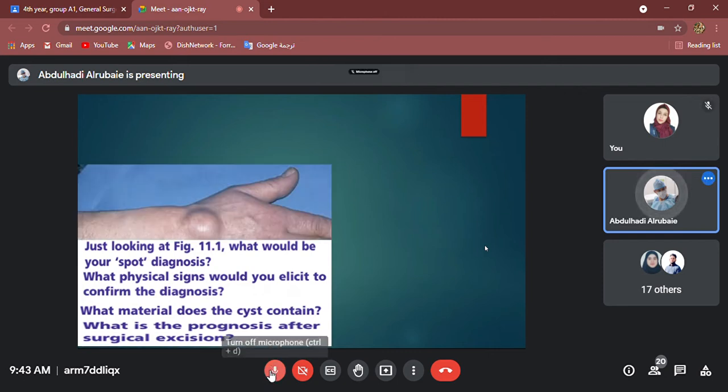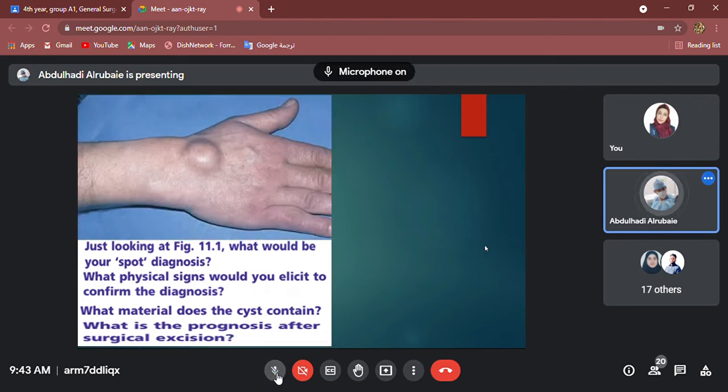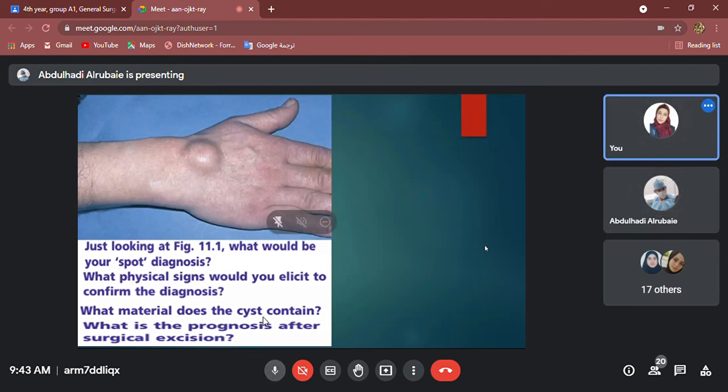Here the spot diagnosis is what? Ganglion cyst. Very good, ganglion. Okay. What physical signs would you elicit to confirm the diagnosis? Transillumination. Also fluctuation. Very good.